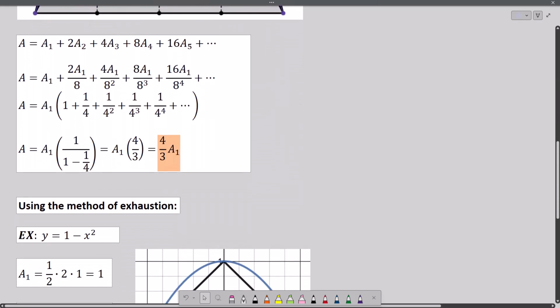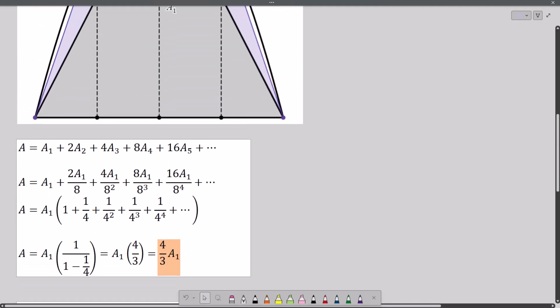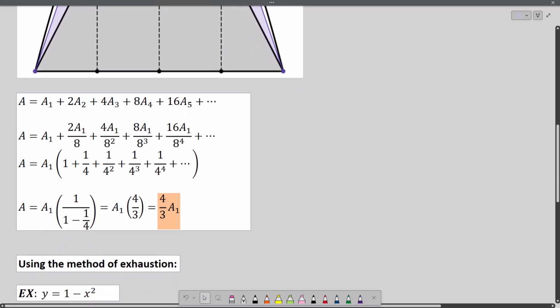So first off, the number of triangles is doubling at each stage. We started with one big isosceles triangle, and then we had two of those little a sub 2s on the sides. And then when you subdivide each of those subintervals, you end up with 4 triangles that are going to be called a sub 3.